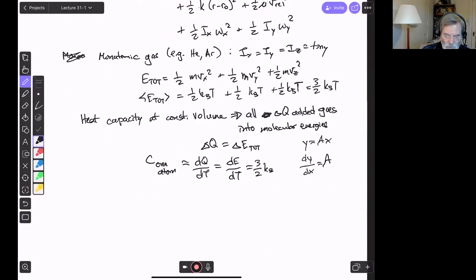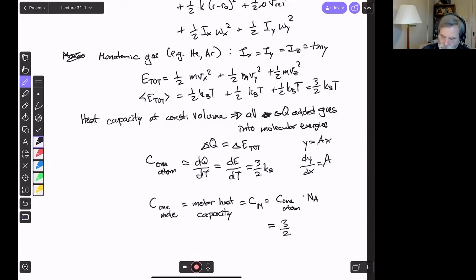Most of the time when you're doing an experiment, you don't measure the heat capacity of an atom, but you talk about the heat capacity of one mole of a material, which is called the molar heat capacity. I'm going to abbreviate that C sub capital M. That would just be the heat capacity of one atom times the number of atoms in a mole, which is Avogadro's number. So that would be 3/2 kB times Avogadro's number.